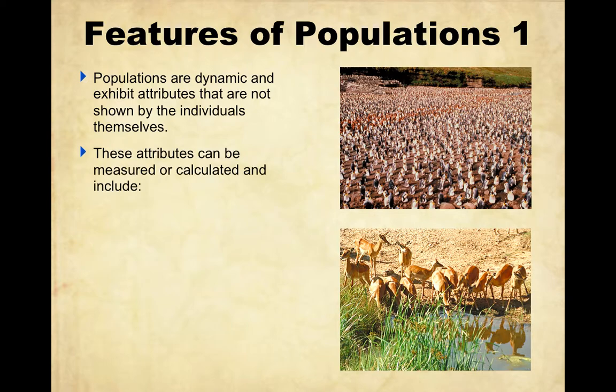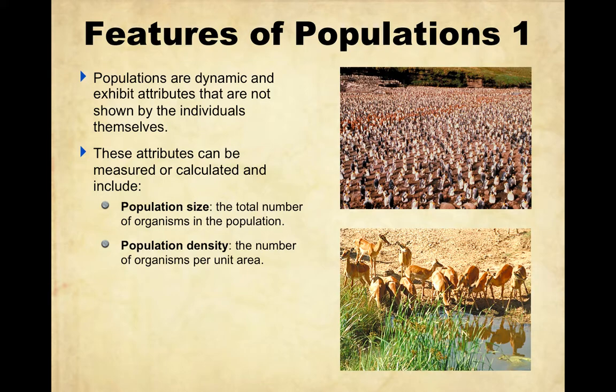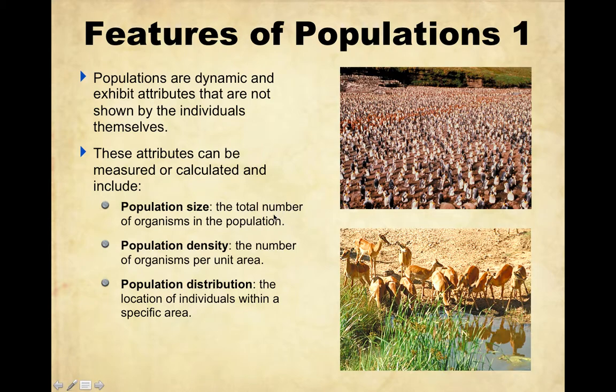These attributes can include the population size, the total number of organisms, density, how many organisms per unit area, and distribution, where do these guys live in a specific area, okay? So for example, when we're talking about the population of Siberian tigers, we're usually talking about population size because the density is so low and the distribution is so wide and varied.